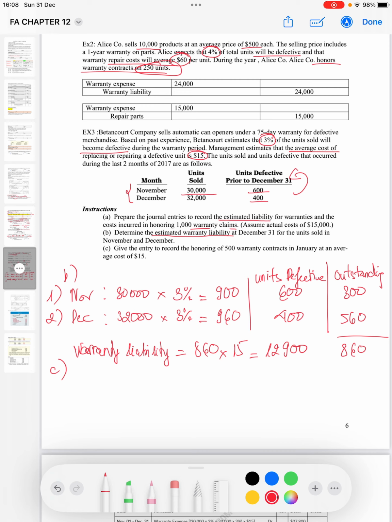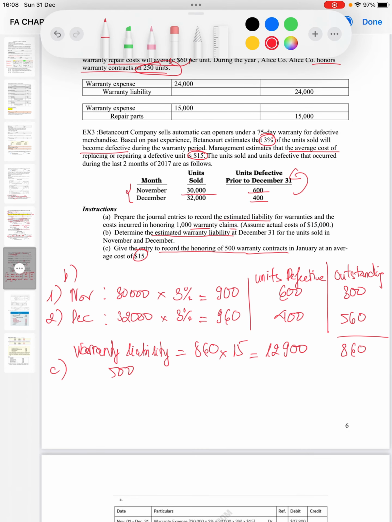And the question said now record the honoring of 500 contracts in January, but the cost is 15, the same. So you use 500 multiplied by 15.